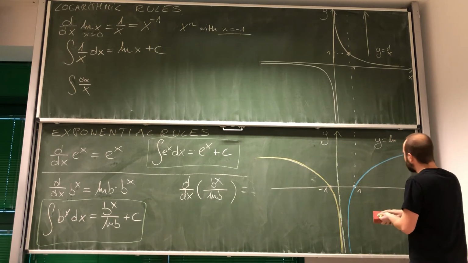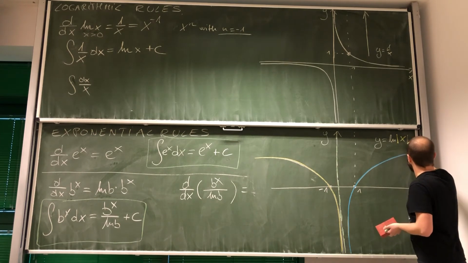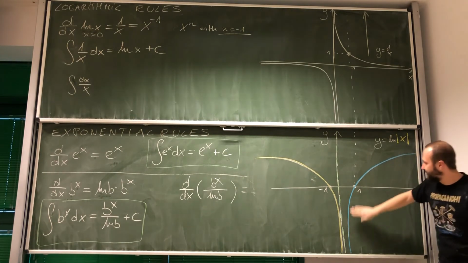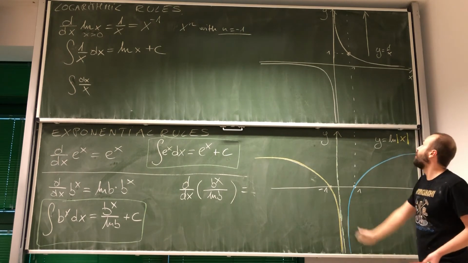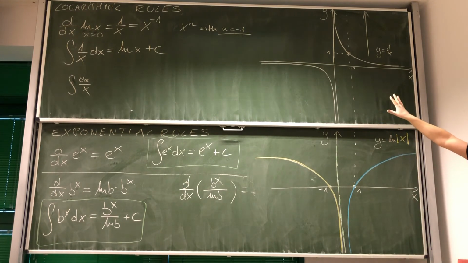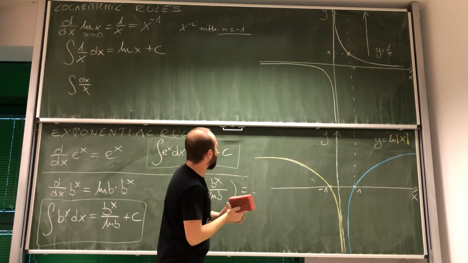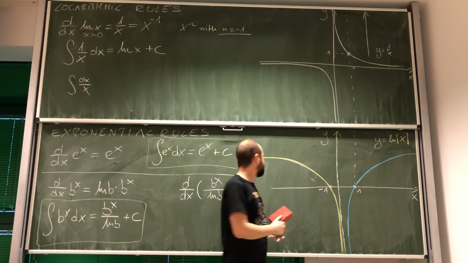How about simply imposing absolute value on x? Look, now the logarithm is defined for both sides, and because of this mirror property, we can see that actually 1 over x is showing us the slope of this function.